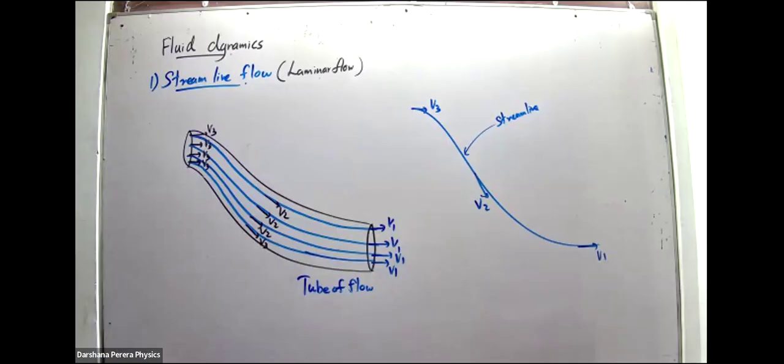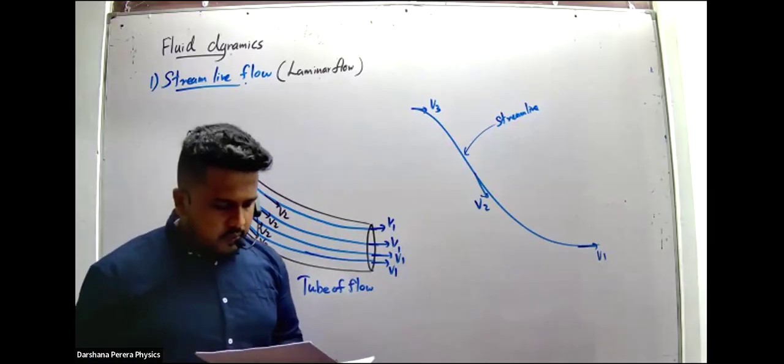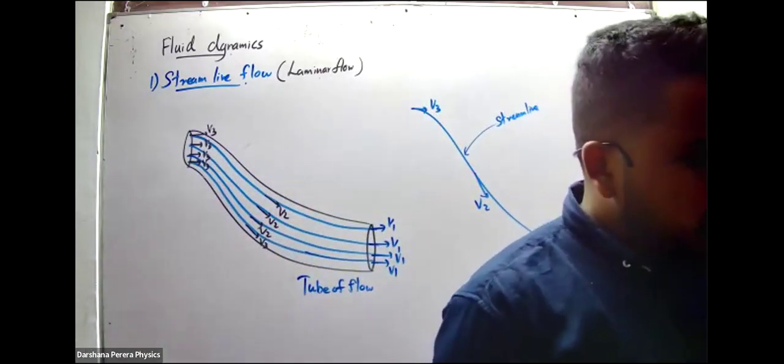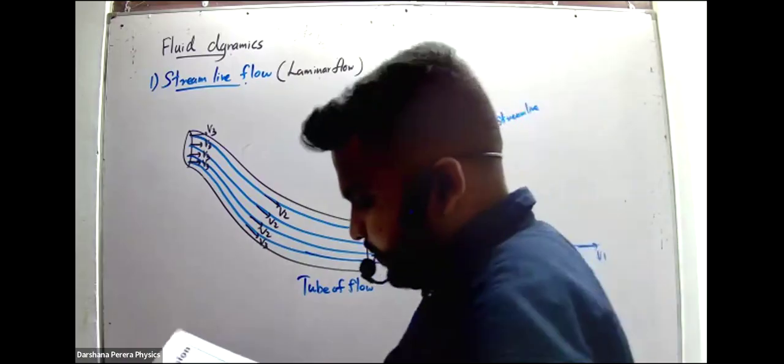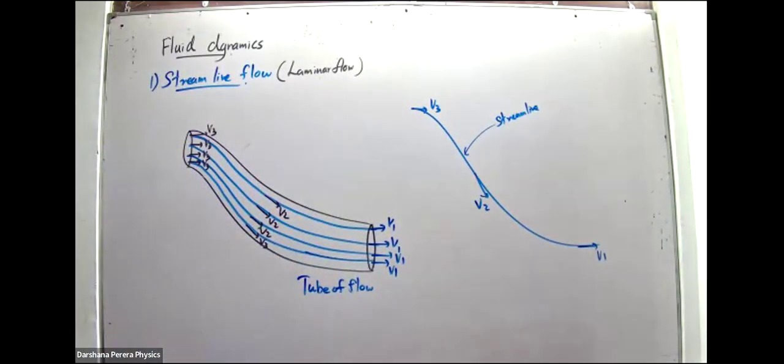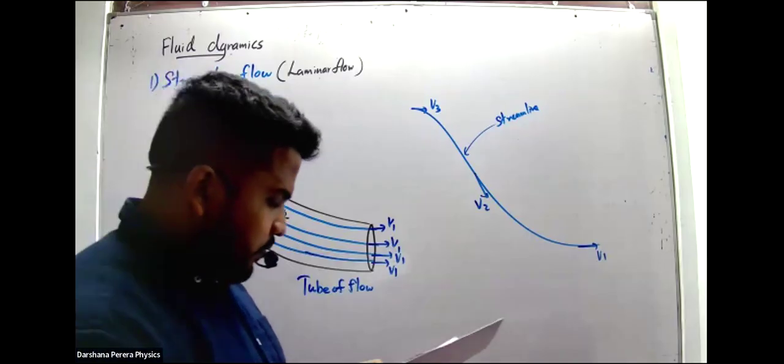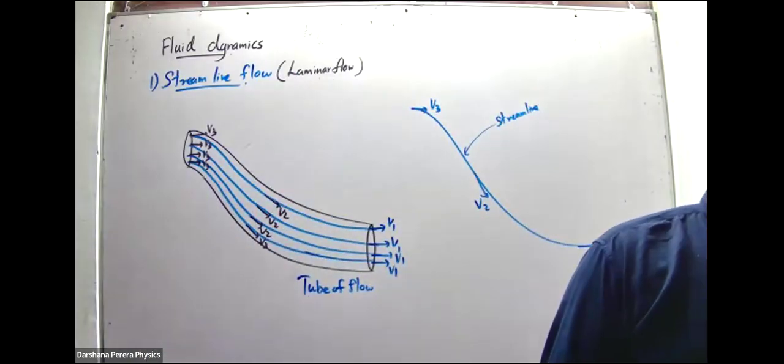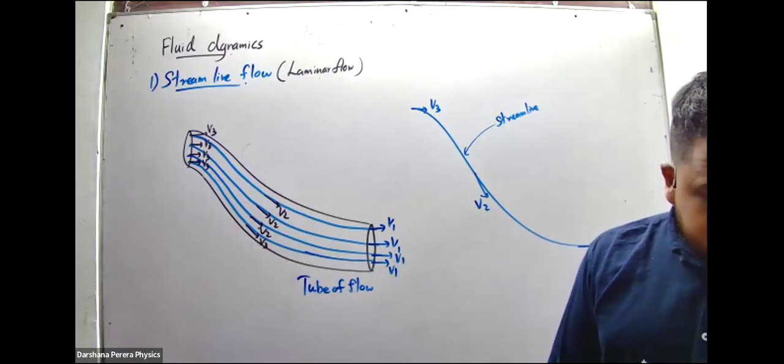at a certain point on a streamline indicates the direction of motion of the particle passing through that point.